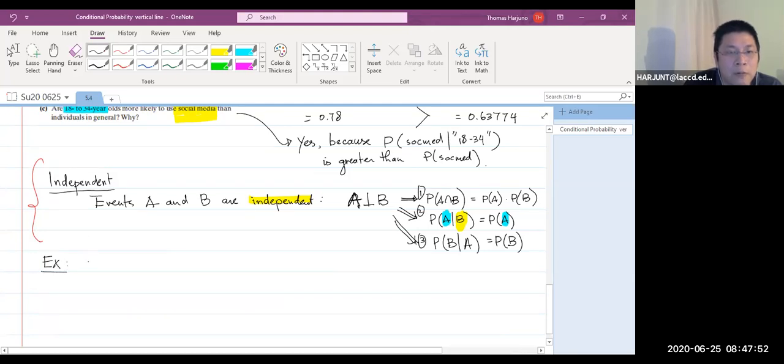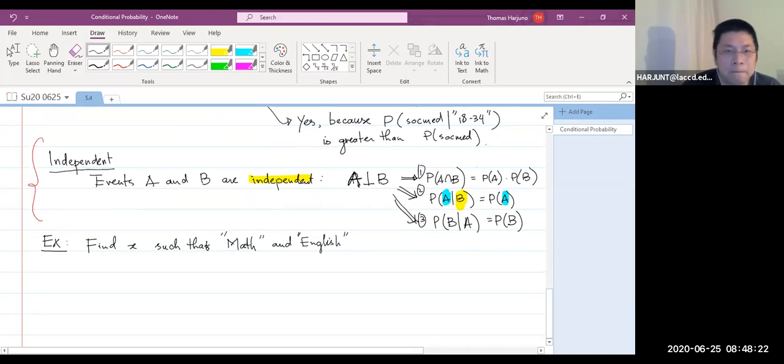For example, find x such that the event of somebody taking math and the event of somebody taking English become independent.